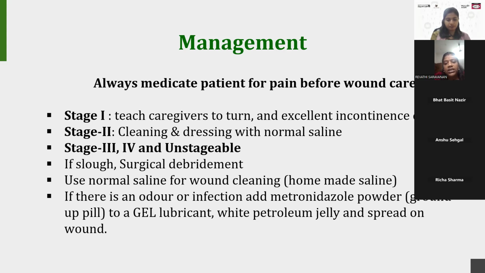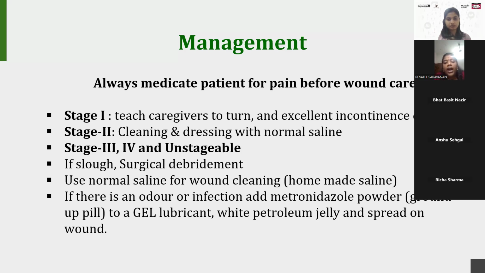Okay. So these are the management for stage 1 to 4 and unstageable wounds. First, stage 1, just apply liquid petroleum jelly and advise the caretaker to change the positions, and a wet-free environment they have to provide to the patient. Then stage 2, cleaning and dressing with normal saline is enough.